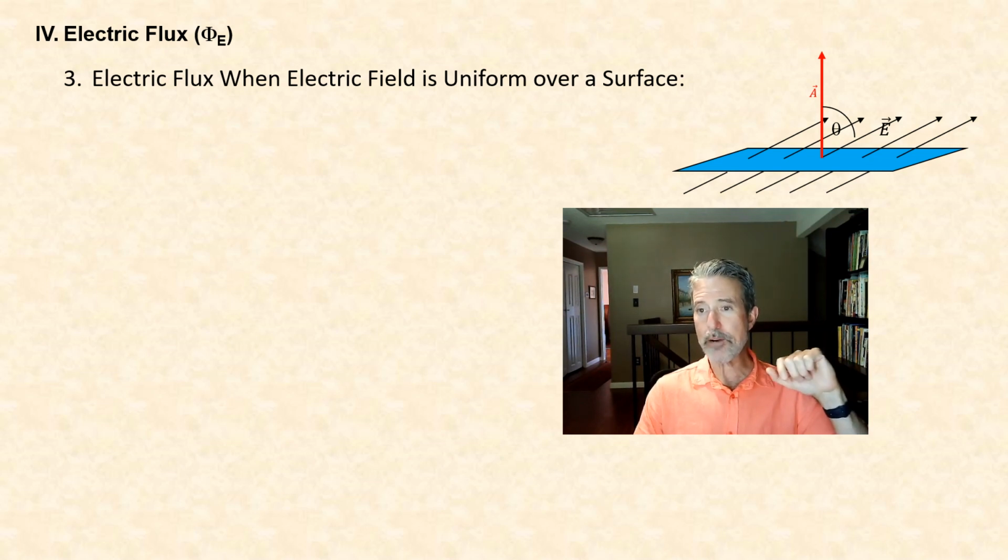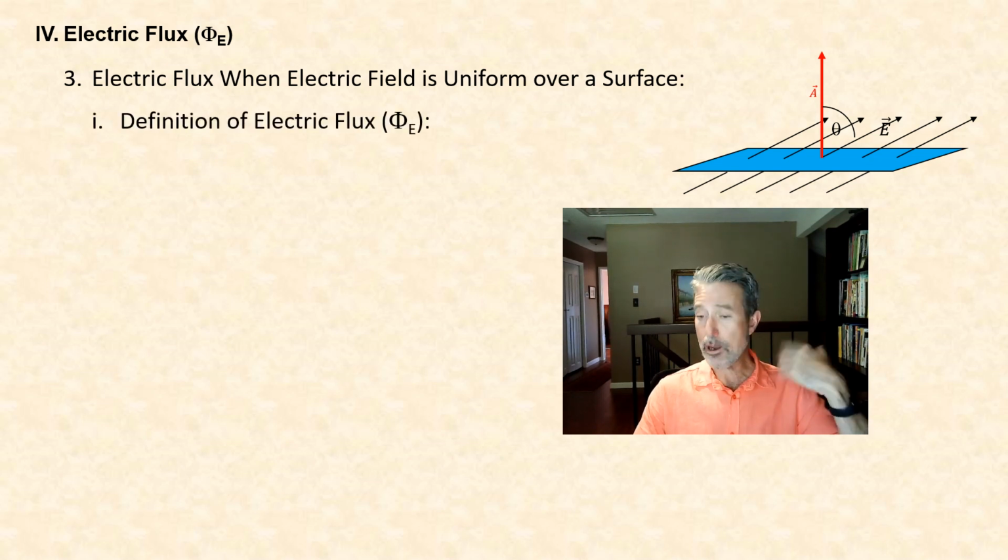Notice that this red area vector A, as we said previously, has a magnitude describing the area of the surface, and by definition, the direction of that area vector is always perpendicular to the surface. So here we see that the angle made between the area vector A and the electric field E has a value theta.